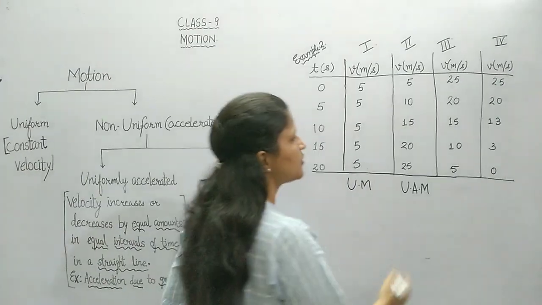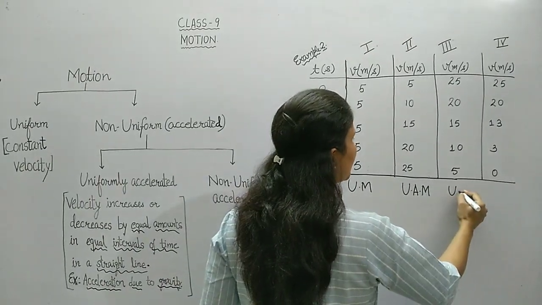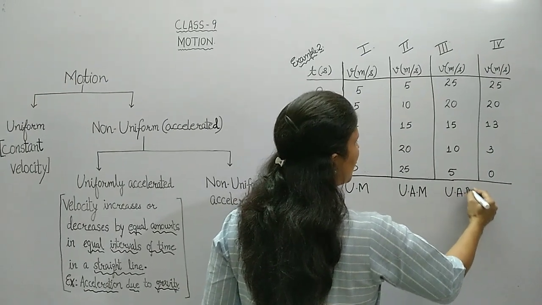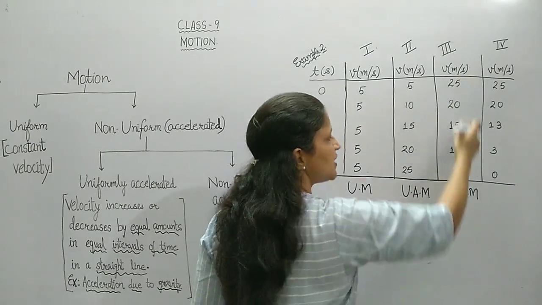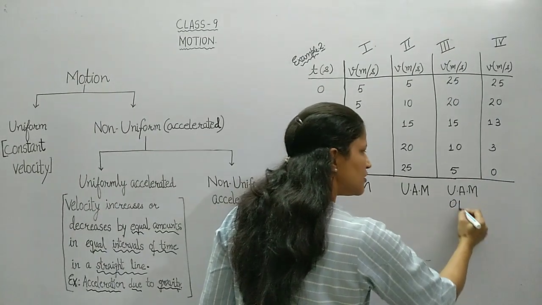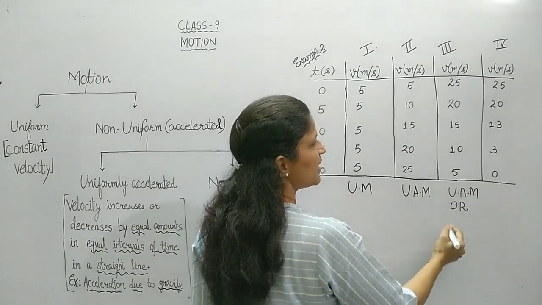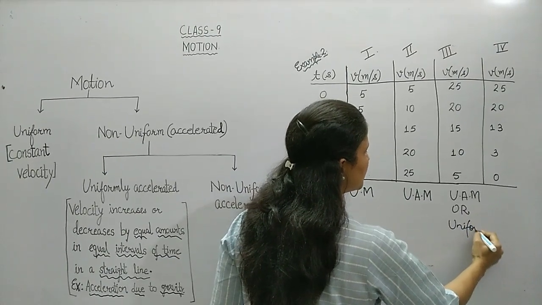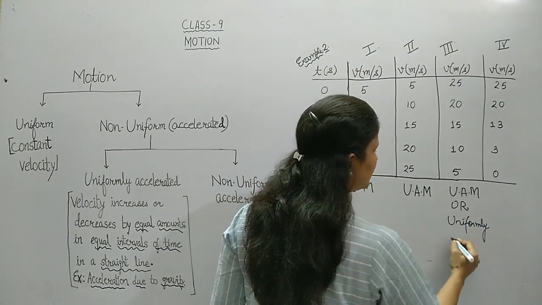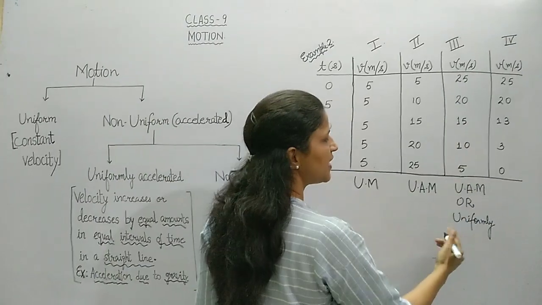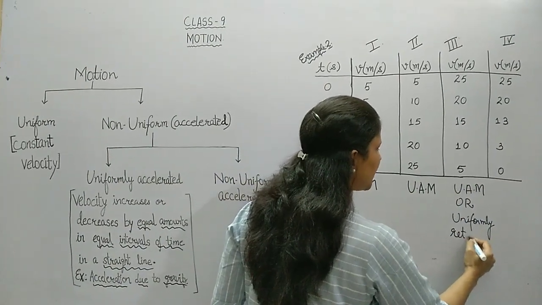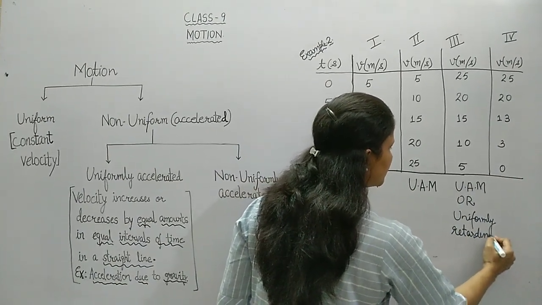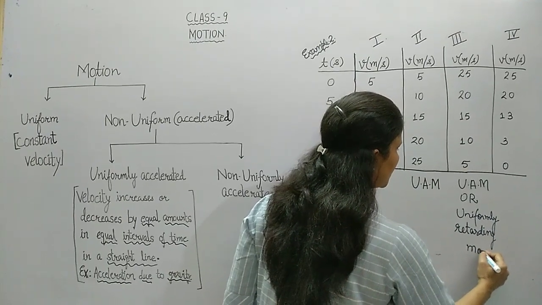So this is also an example of uniformly accelerated motion, and here since the velocity is decreasing, we may also more accurately call this motion uniformly retarded motion. This is called retarding because the velocity is decreasing. So this is uniformly retarding motion.